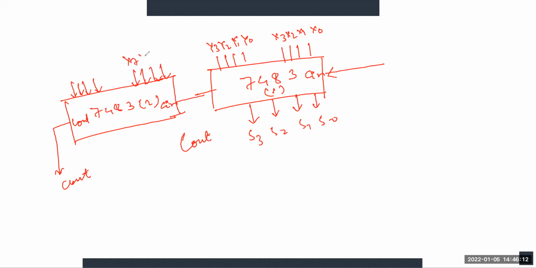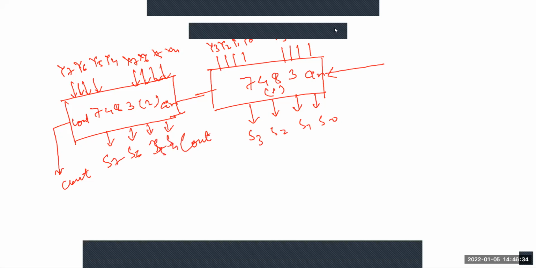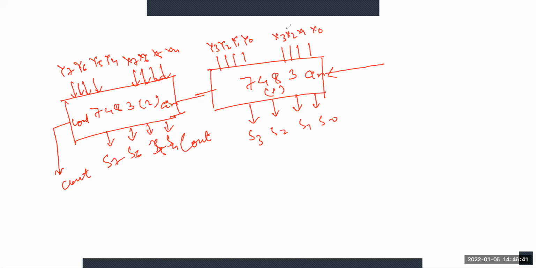This is X7, X6, X5, X4, and this is suppose Y7, Y6, Y5, Y4, and here the sum. So here you can see the cascading connection of two 7483.